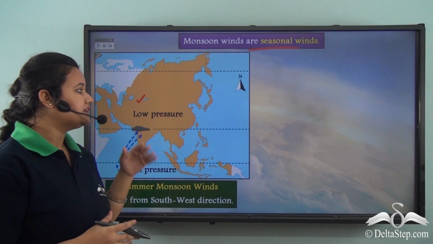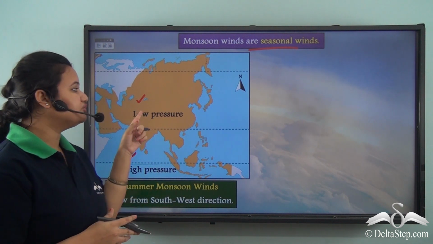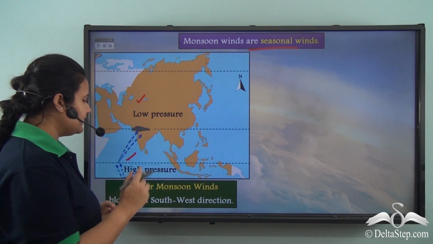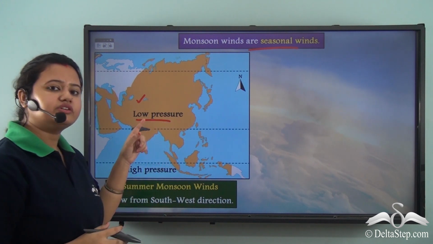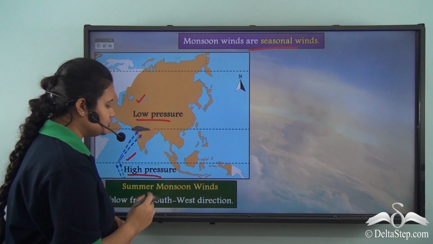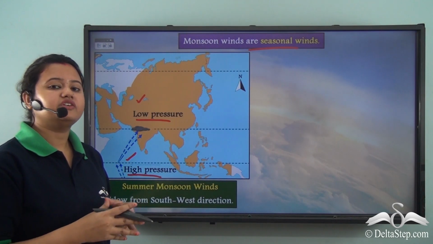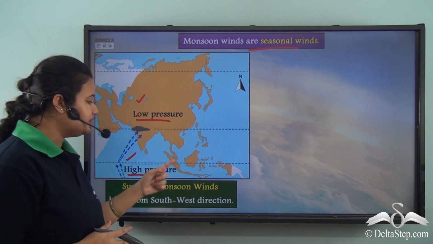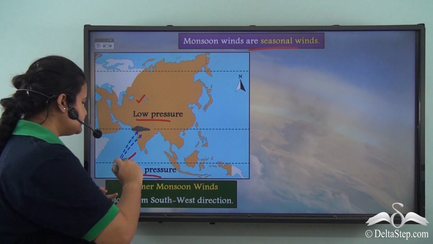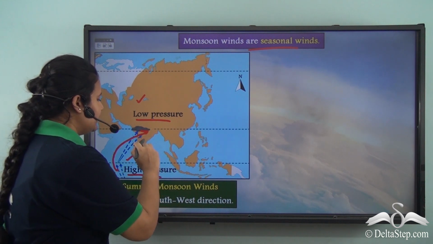This is to say that during summer, the temperature over the land is comparatively higher than that of the sea. So, a low pressure region exists over the land, whereas a high pressure region exists over the sea. Since we know that winds always blow from high pressure to low pressure regions, the winds over the water bodies get attracted towards the landmass.